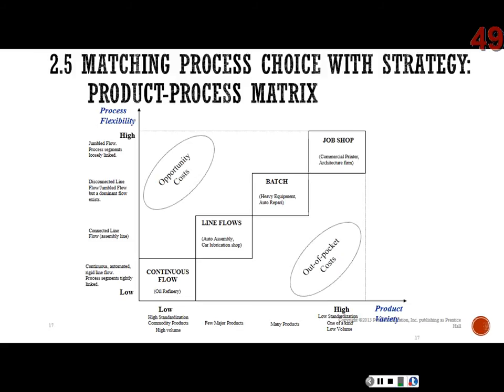So for example, if I have low process flexibility and low product variety, I can use a continuous flow. Then line flows, like an auto assembly or car lubrication shop, where things happen one right after another.